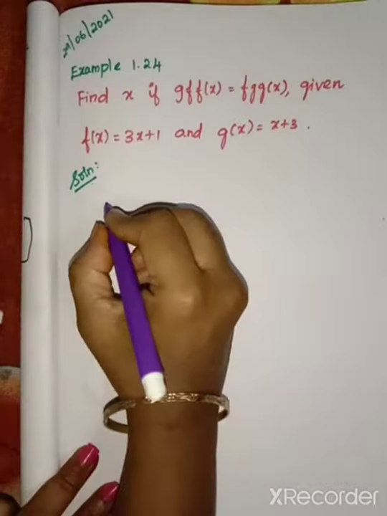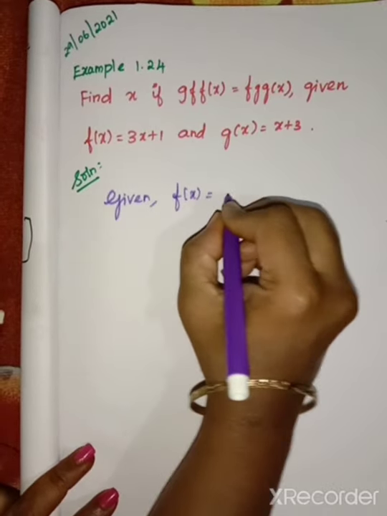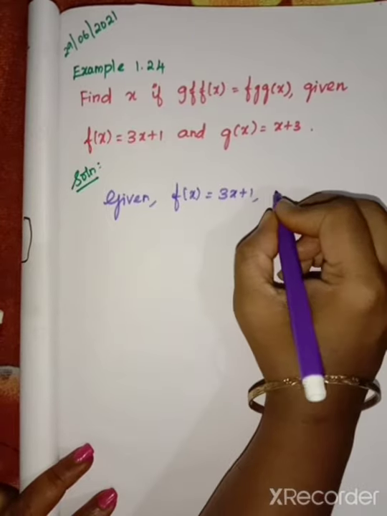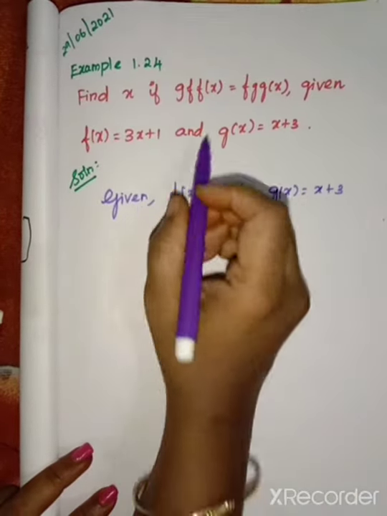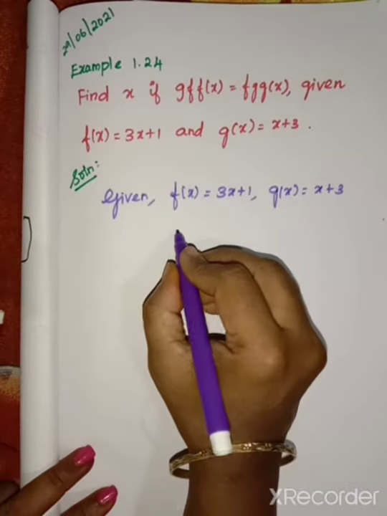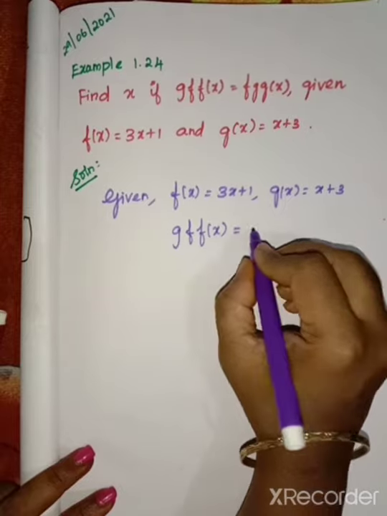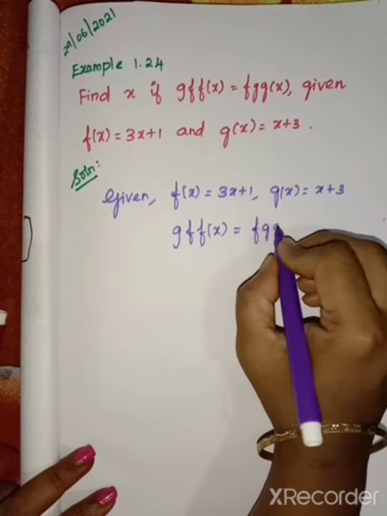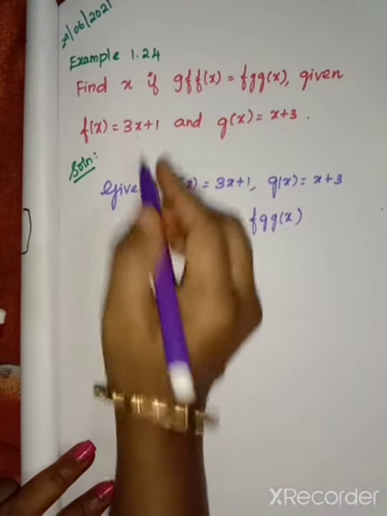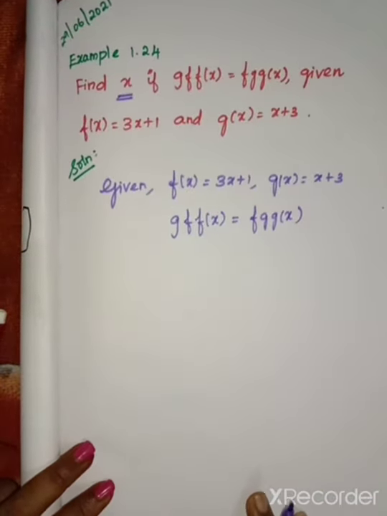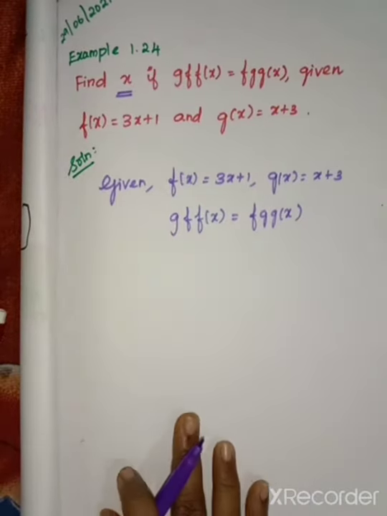So here we are given f of x equals 3x plus 1 and g of x equals x plus 3, and also the condition g of f of x equals f of g of x. So both are equal. We want to find x. So from this condition we have to find x.